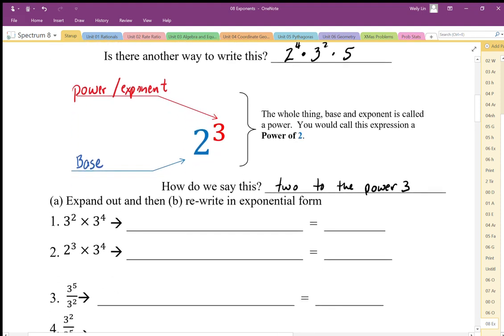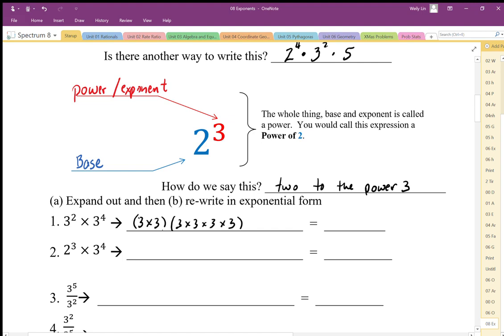So when we have these exponents and we combine by multiplication, essentially all we really need to do is count out the multiplication. So we can just expand this out. So I have 3 squared is 3 times 3. 3 to the power 4 is 3 times 3 times 3 times 3.